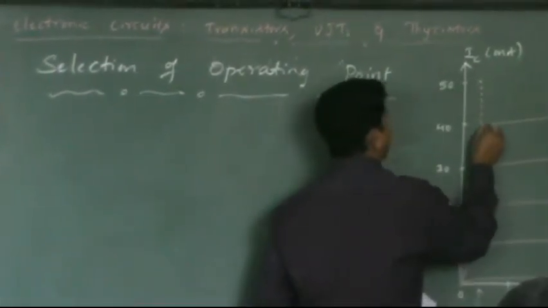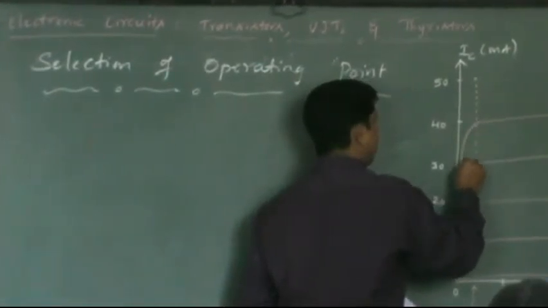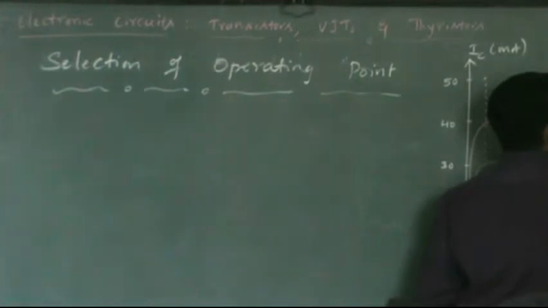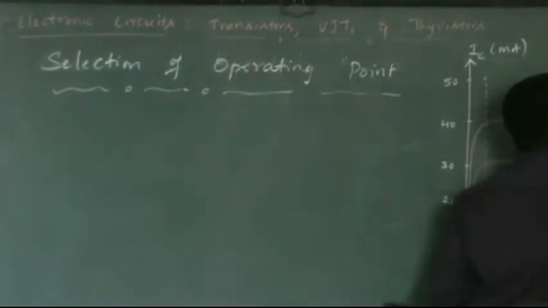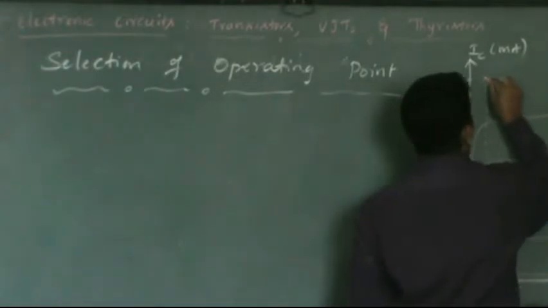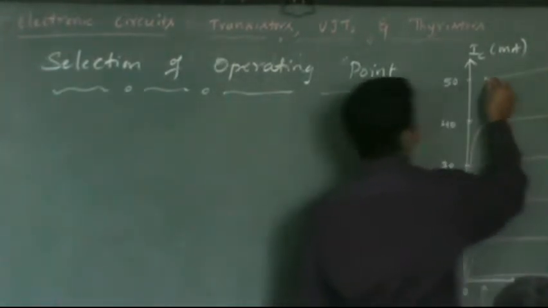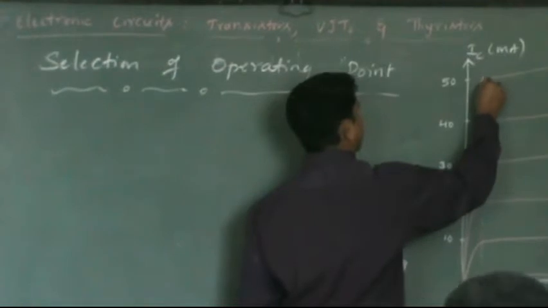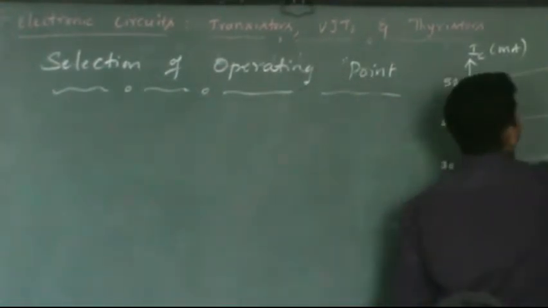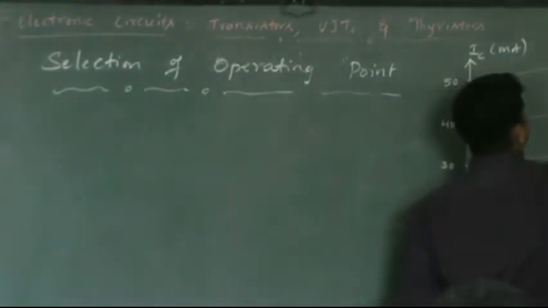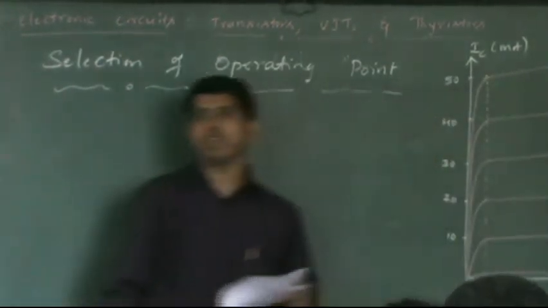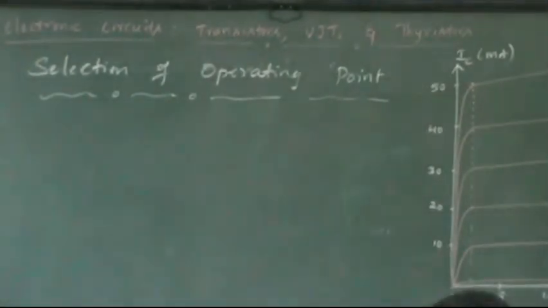This curve is for IB equal to 40 microampere. This way you can plot a family of curves.